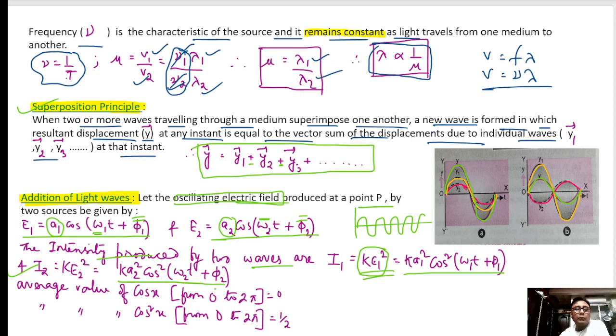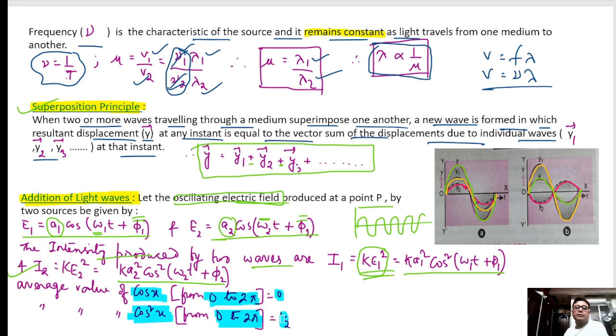Please watch here. There is a term cos square. This is very, very important to note. If you want to find the average of cos x from 0 to 360 degree, the answer will be 0. And if you want to find the average of cos square x from 0 to 360 degree, the answer will be half.